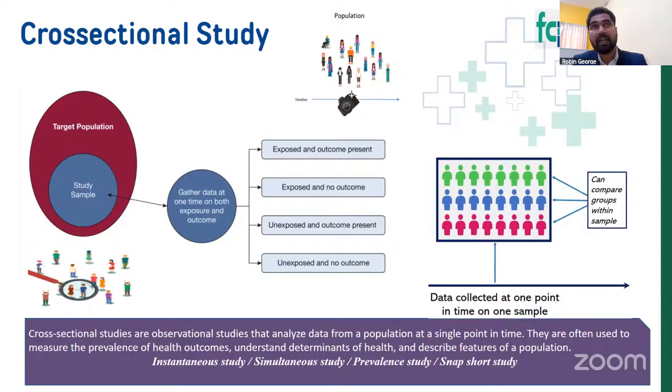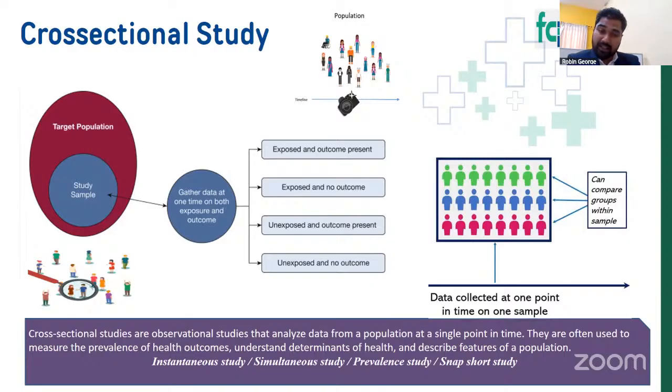If needed we can design it like that, but that is a multi-phase cross-sectional study. Multi-phase means if you want to repeat it in multiple phases, you can go for that. But basically, a cross-sectional study means we are just conducting a survey at one point of time.